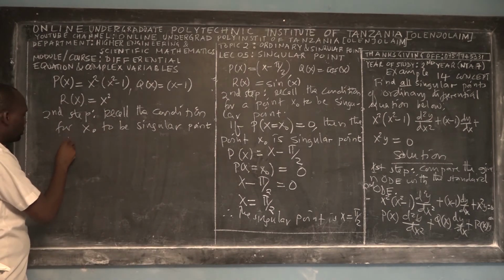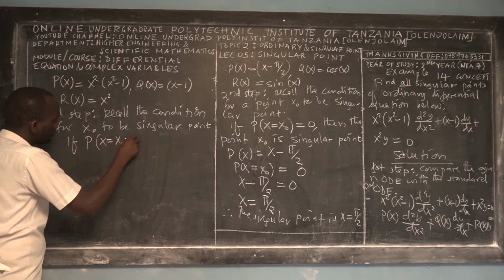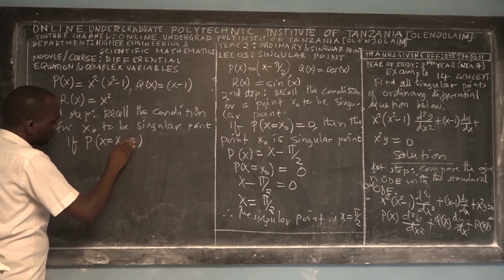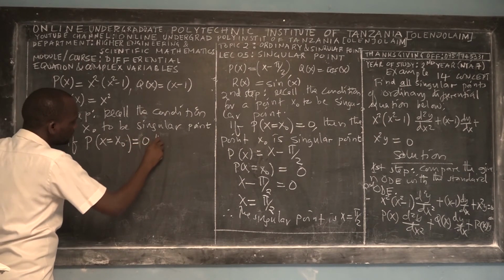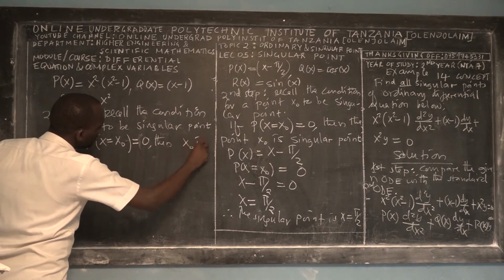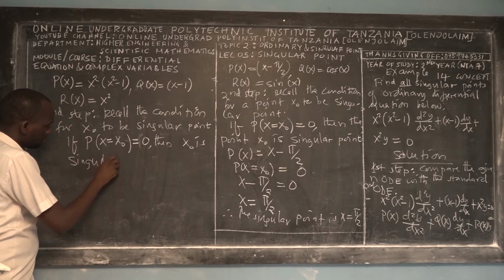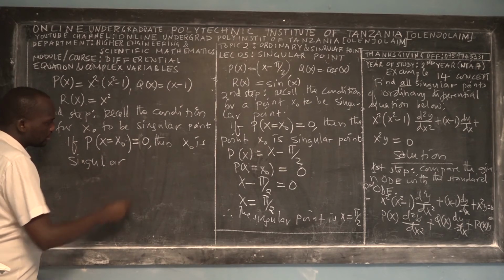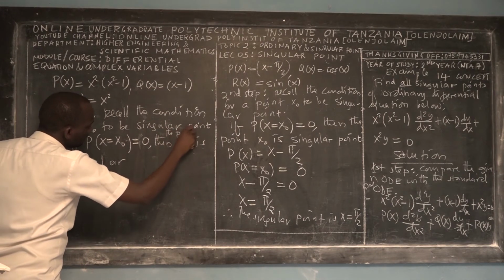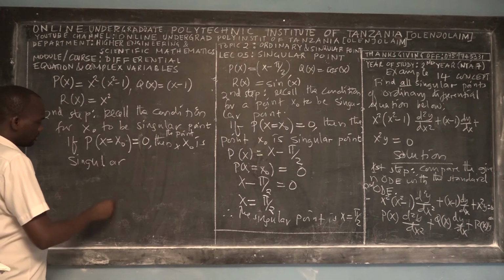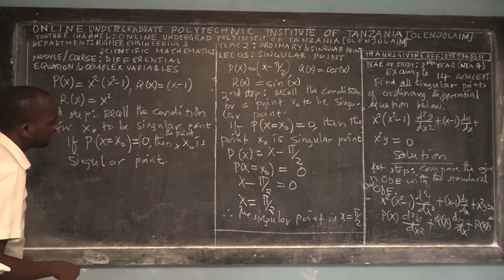So the condition is, if p of x at x naught is equal to 0, then x naught is a singular point. So the point x naught is a singular point.